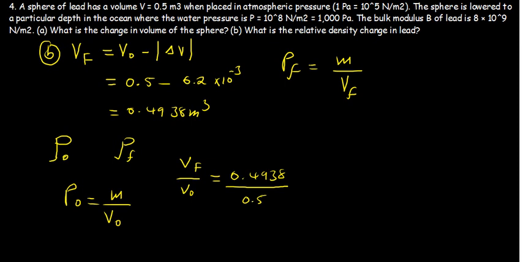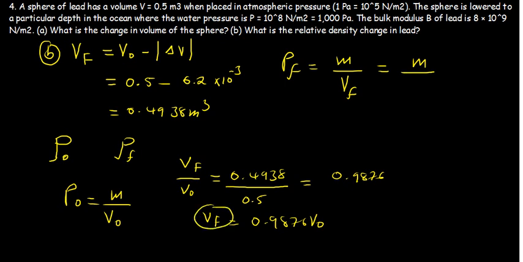And when we work this out, we are going to find 0.9876. So if I want to make VF the subject of the formula, I'm going to multiply this by this. So VF is going to be 0.9876 V initial. And this is going to give us mass over 0.9876 times the initial volume.